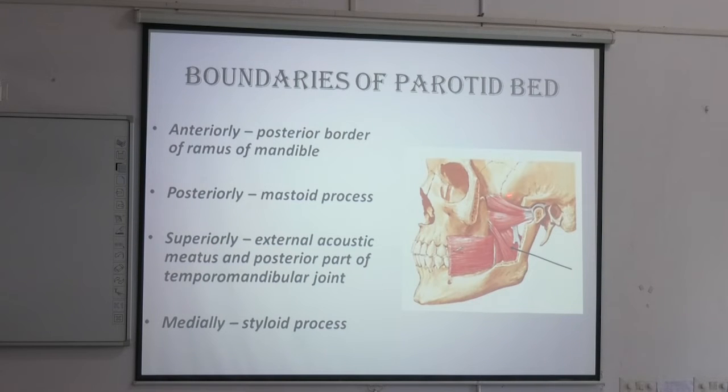Superiorly, it extends to the external acoustic meatus, and the posterior part of the temporomandibular joint. This is the temporomandibular joint. So you can see the boundaries of the parotid bed, and medially the styloid process.